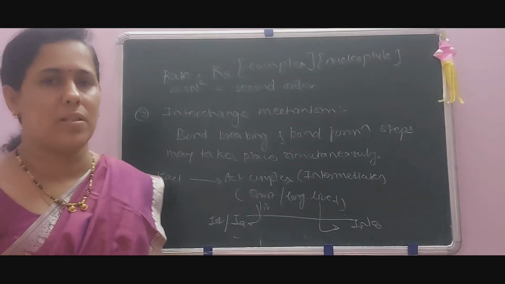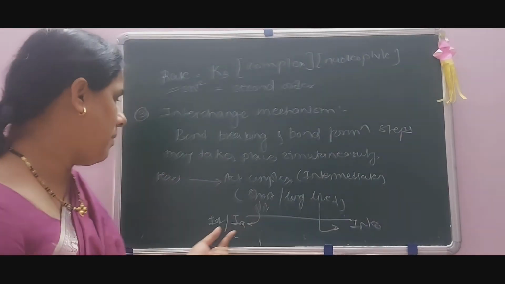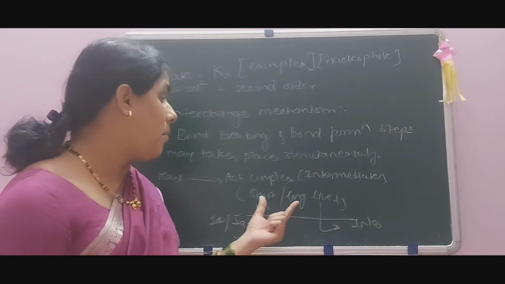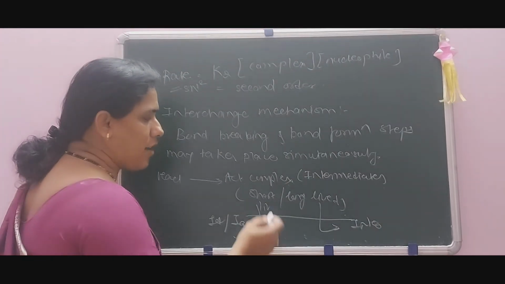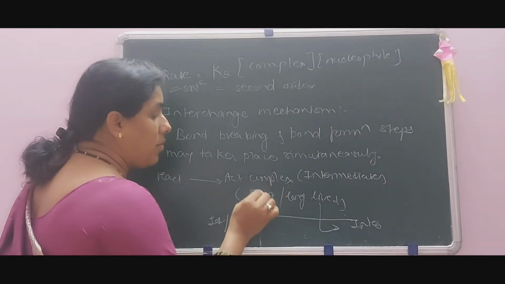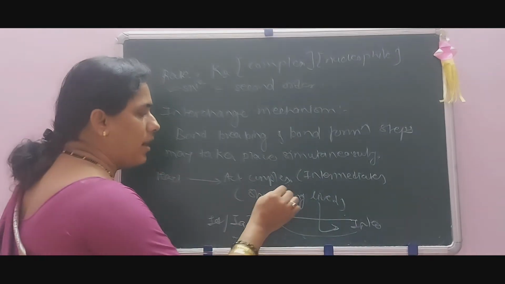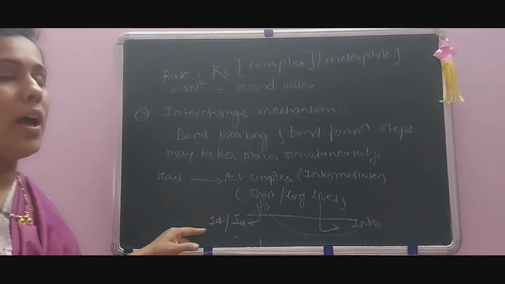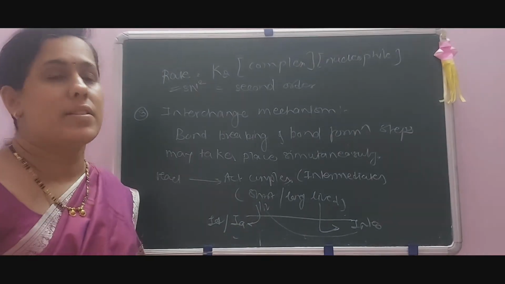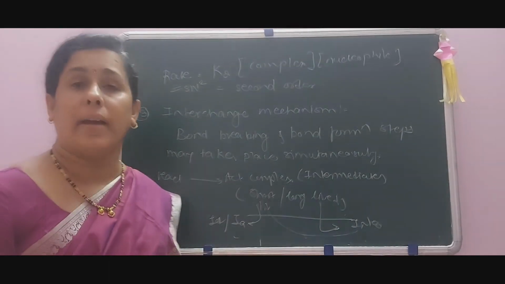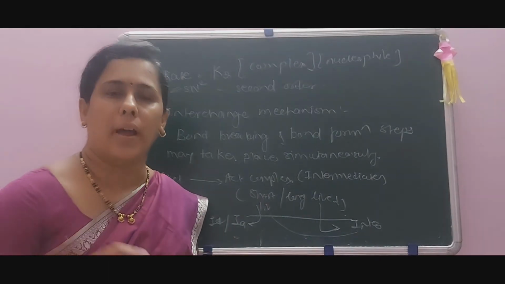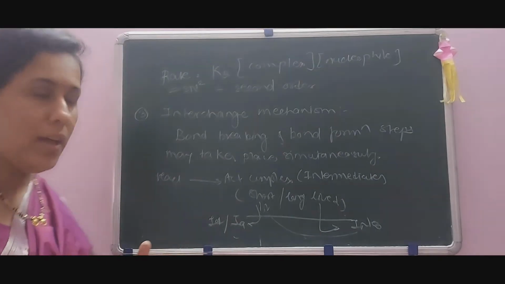ID means the dissociation mechanism, IA means the associative mechanism. But if the conditions are reversed, that is, short-lived is interchange mechanism and long-lived is ID or IA, thus we cannot distinguish whether the mechanism is according to ID or IA.